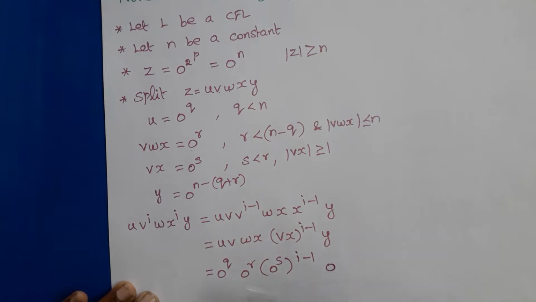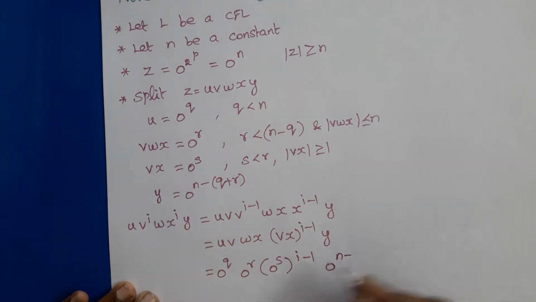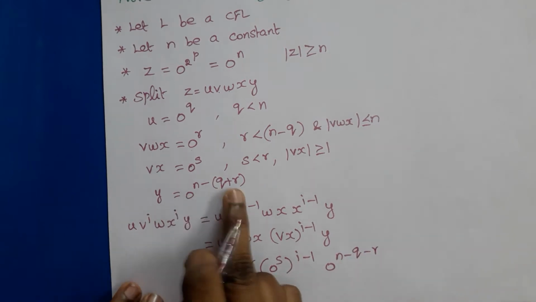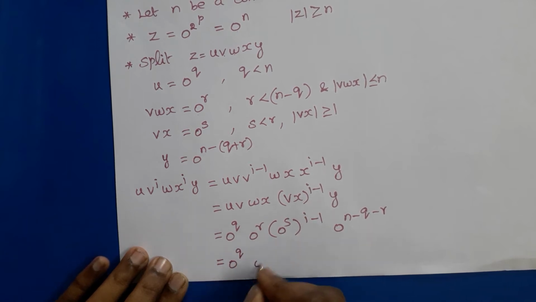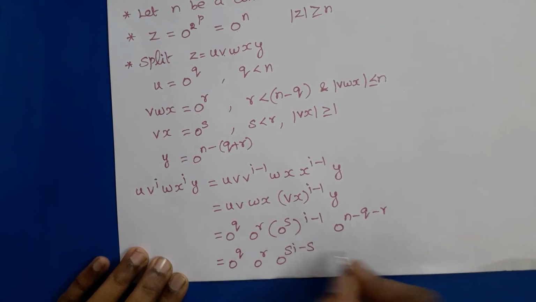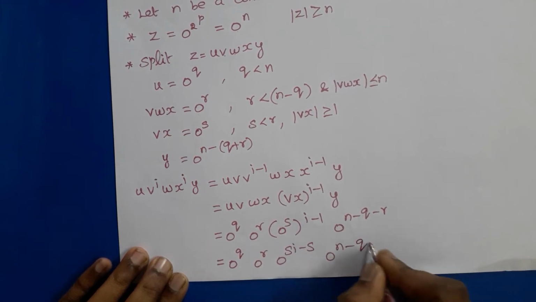Then Y means 0 to the power N minus Q minus R, right? If we expand this, we get 0 to the power Q, 0 to the power R, 0 to the power SI minus S, 0 to the power N minus Q minus R.